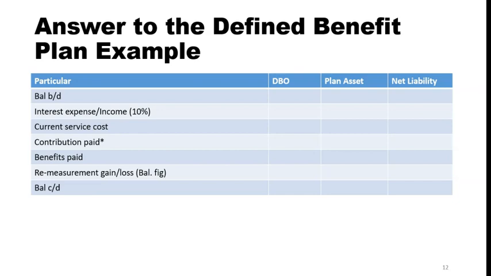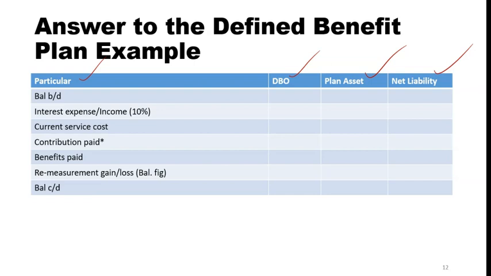So a table like this where we have the particulars, this is the defined benefit obligation column and the plan asset column, and then the net liability. Okay, by the end of the day, we must be able to have a figure for the net liability, which is actually required as part of the disclosures about the defined benefit plan in terms of International Accounting Standard number 19. So the net liability figure is actually required.